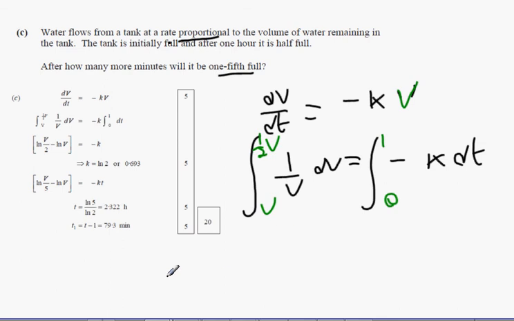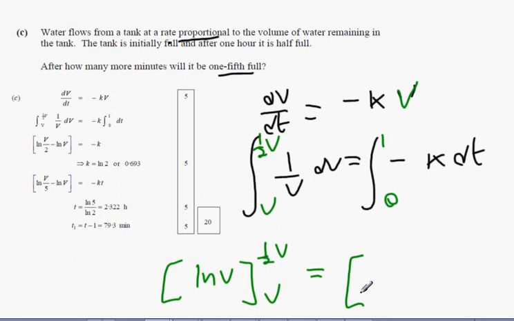Okay, we integrate, and what we get is 1 over V integrates to ln V, from a half V to V. The next part then is going to be minus KT from 1 to 0.